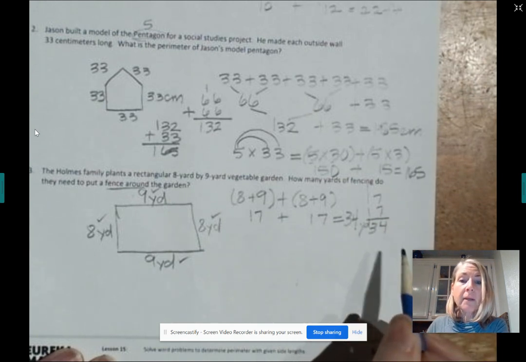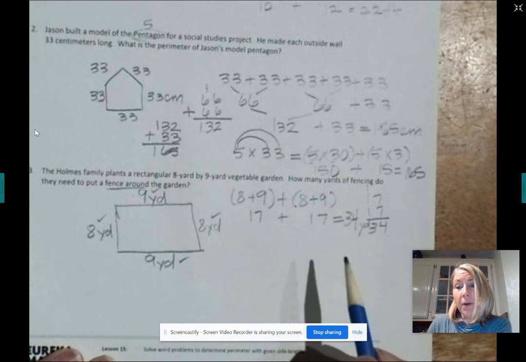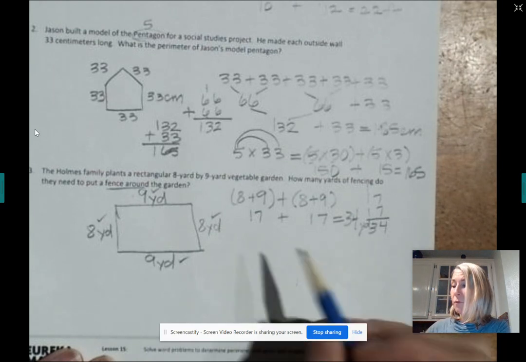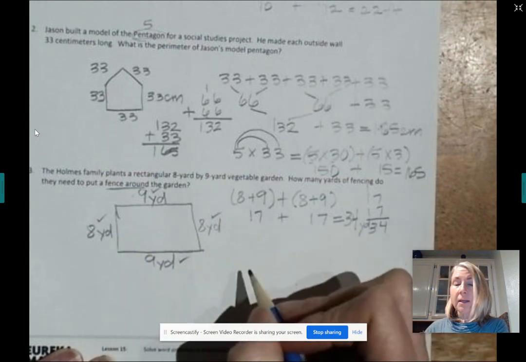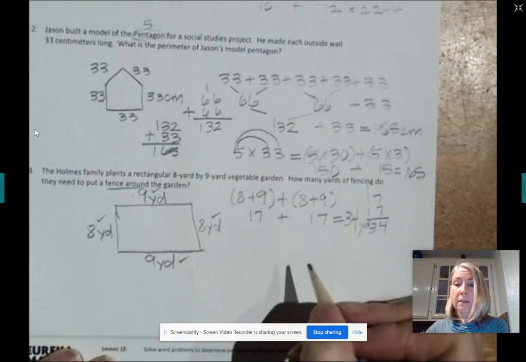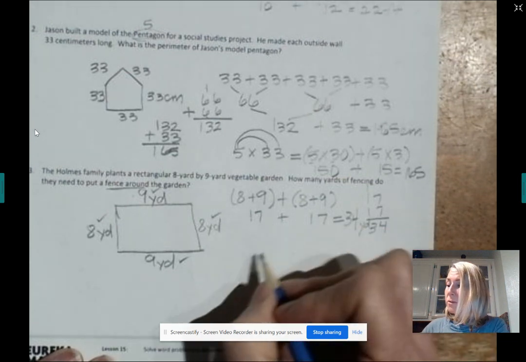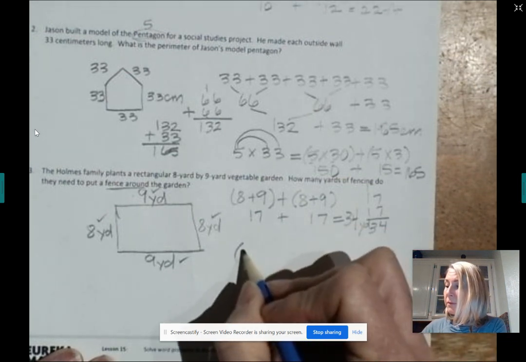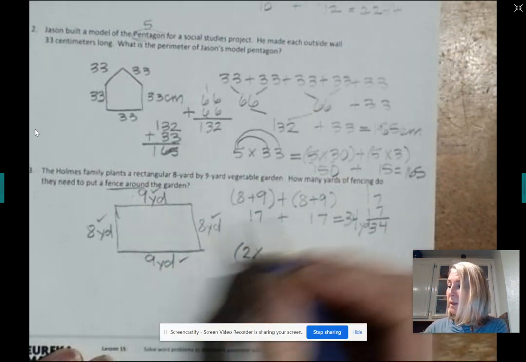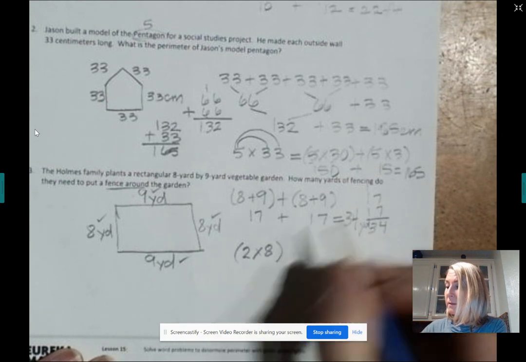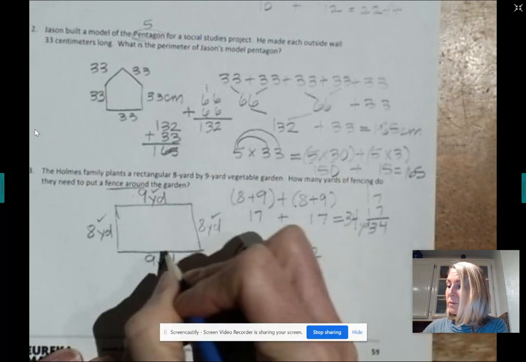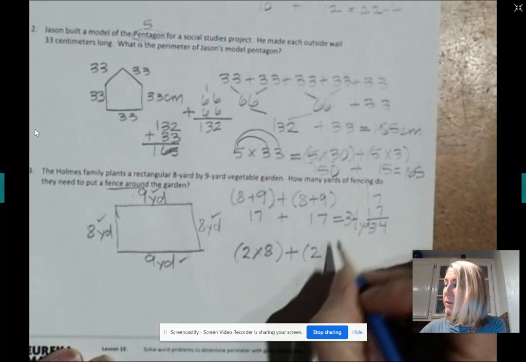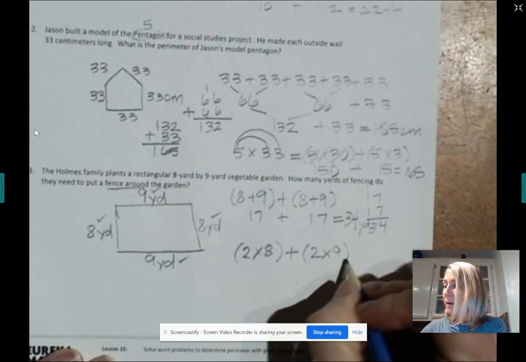Okay, now let's take a look again and just practice the formula for perimeter. So the formula for perimeter is 2 times the length plus 2 times the width. So 2 times the length, I would say 2 times 8 because I have 2 8s, plus 2 times my width, which is 9.